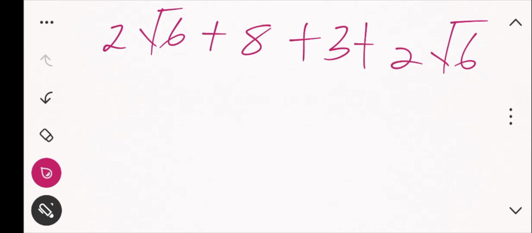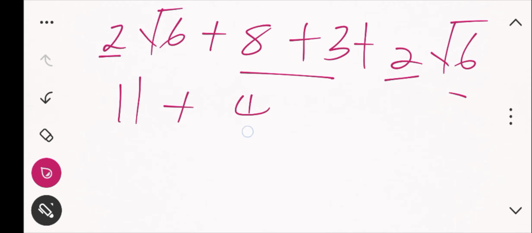So in simple terms, we will add those which are like. We have 8 plus 3 here. Let's add that one first. We have our 11. We have 2 root 6 and 2 root 6, making 4 root 6. So this is expected to be our final answer for this expansion.